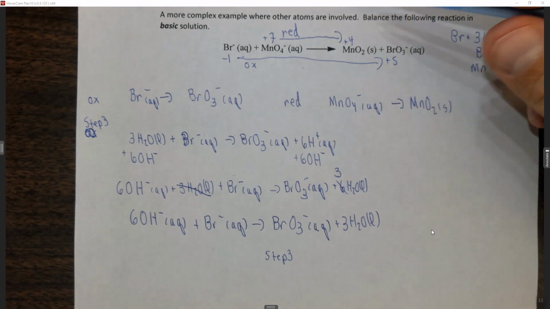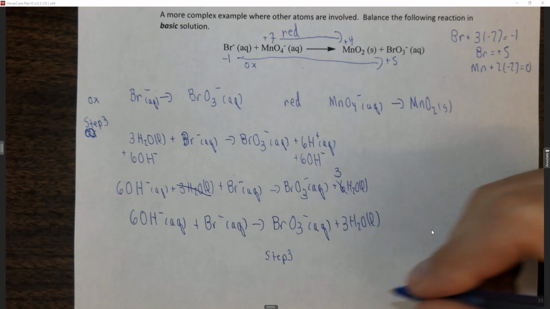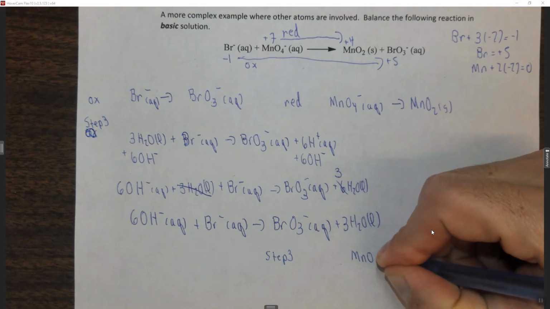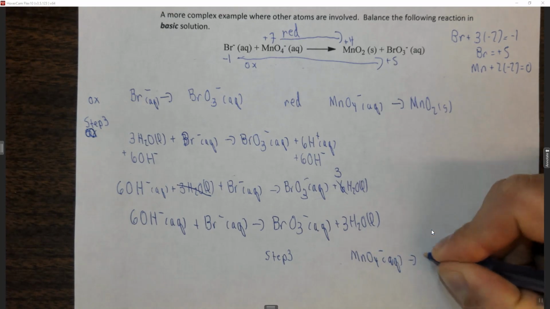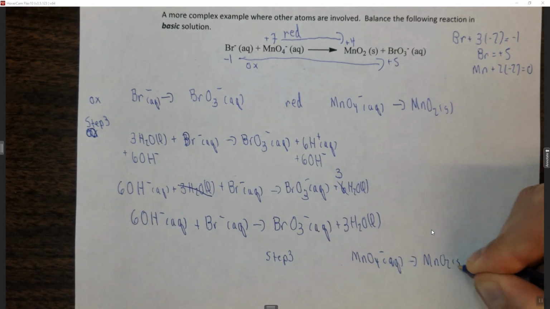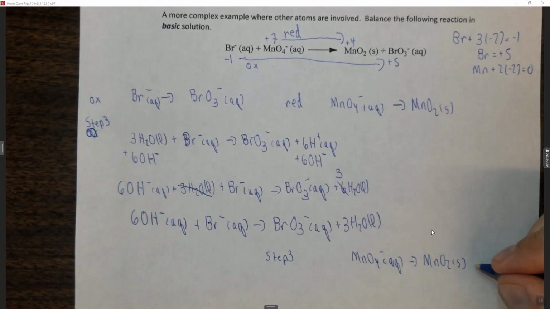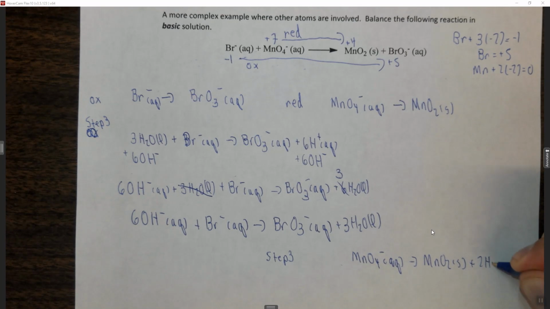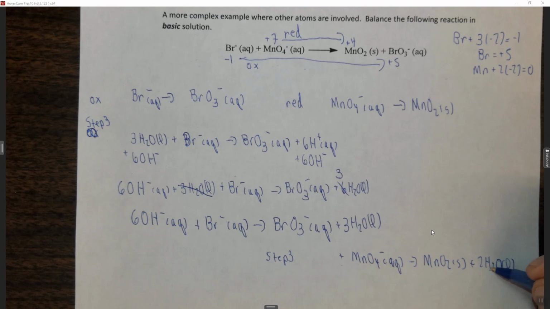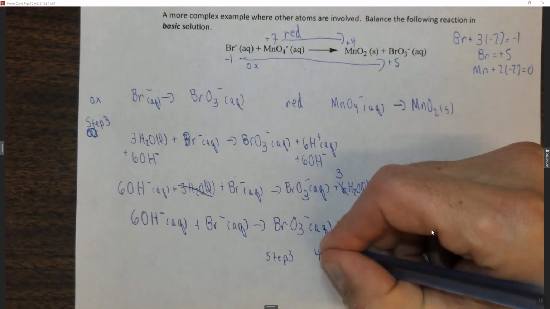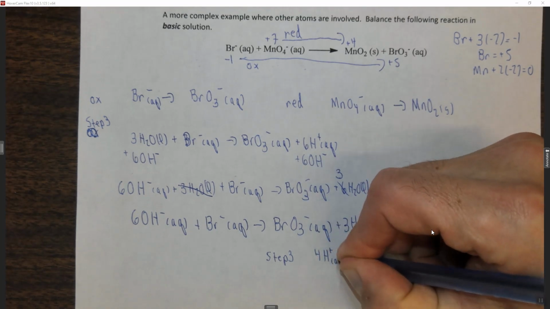So when we do this, we need to first balance the oxygen. So we have MnO4⁻ aqueous yields MnO2 solid. We need to add here 2 H2O liquid, because now we have 4 oxygens and 2 plus 2 more, 4 oxygens. Once we have the 4 oxygens balanced, we need to add 4 H+ because we just added 4 H's, so we add 4 H+ aqueous over here.